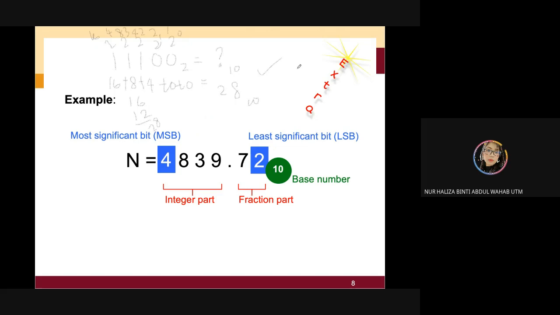Okay, this is the base system, and if you have numbers, this is how it looks. It's separated into integer part, fraction part, base number, LSB, and MSB.